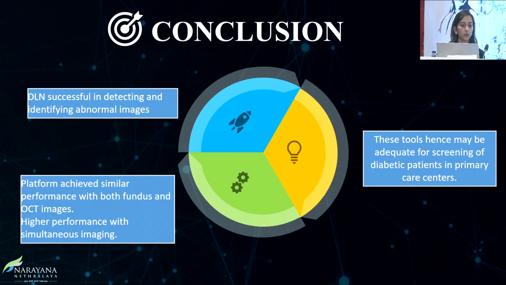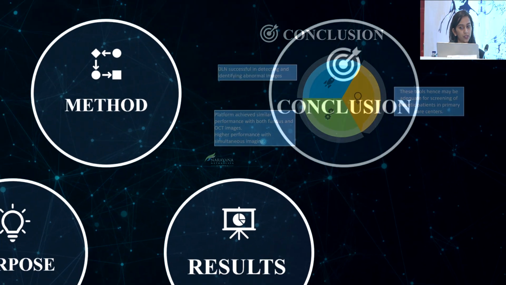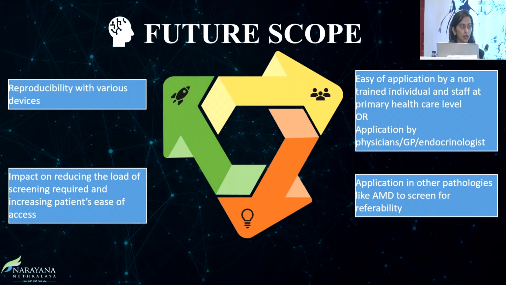I would like to conclude by saying that this deep learning network was successful at our primary, ground root level to identify abnormal images, and this platform achieved a good performance, especially when using the fundus camera and the OCT images simultaneously. So we feel that this can be used later for screening in a primary healthcare setup. We want to put this method to use with different other machines.